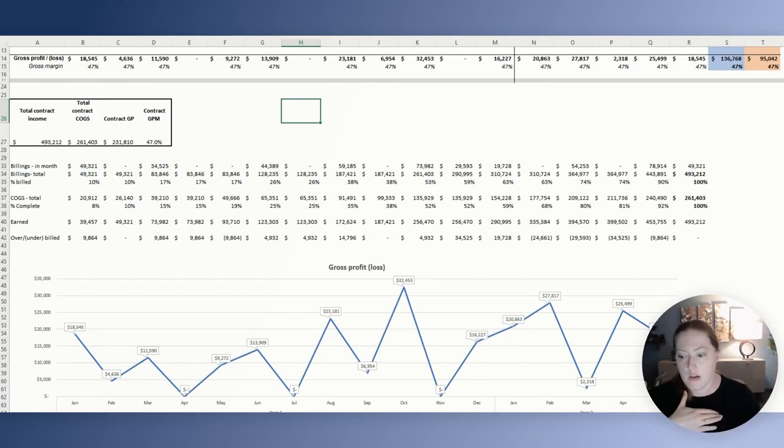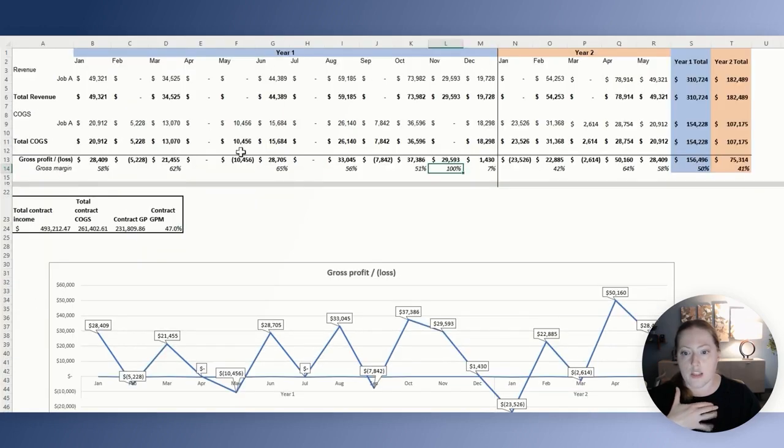So in this scenario, when we see no WIP, it just does not make any sense. That's why a lot of people are so confused when looking at their profit and loss statements: they're not doing this adjustment.